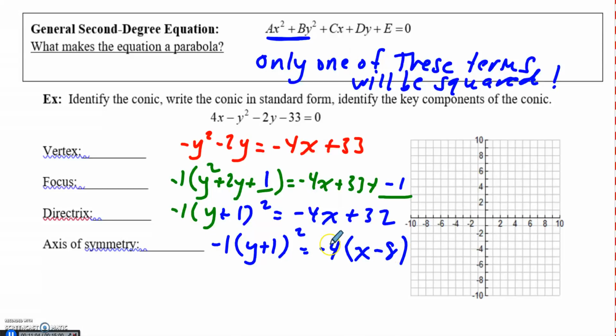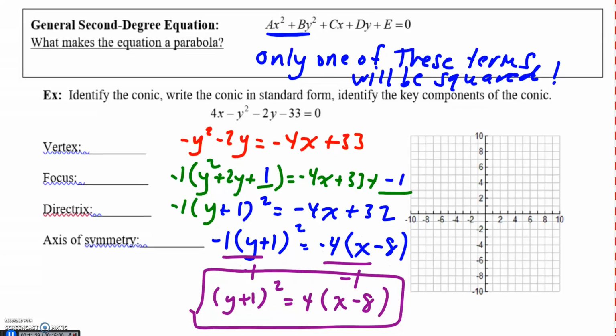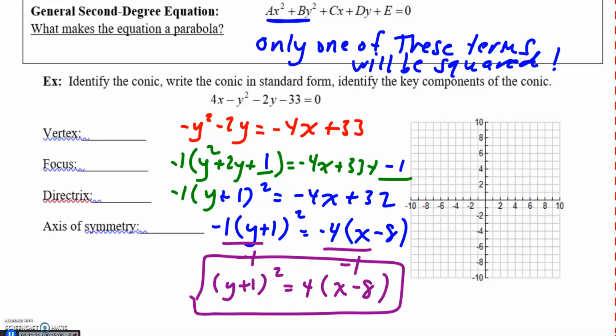I see two things that are negative, so I might as well divide both sides by -1, and I would be left with y plus 1 squared equals +4 times x minus 8. So this would be the form of my parabola from an analytic geometry perspective. Notice again, when I divided by -1, it only changed the numbers on the outside, not inside the parentheses. That is a common theme throughout a lot of these problems.